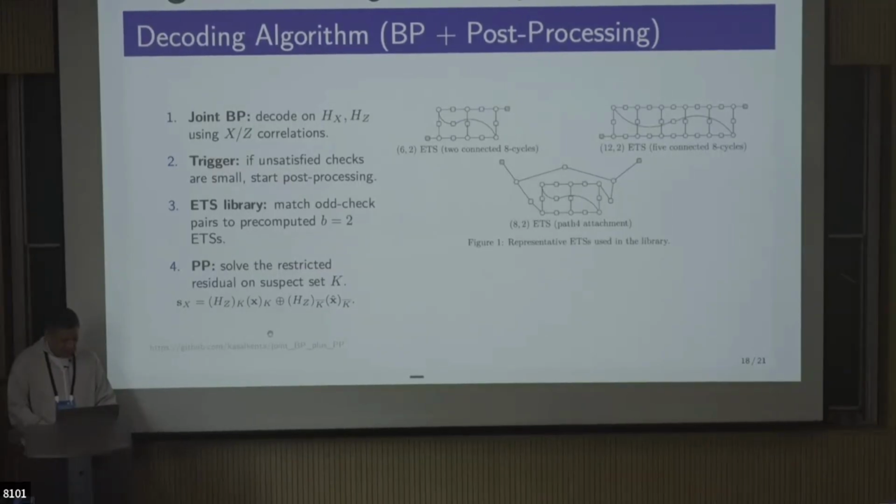We solve only the residual problem inside the suspect set K. In this way, the decoder turns a rare global BP failure into a small local correction problem. So BP does almost all the decoding, and the ETS library is used only to repair the rare failures caused by small graph structures. And also, of course, we use OSD post-processing after BP decoding.